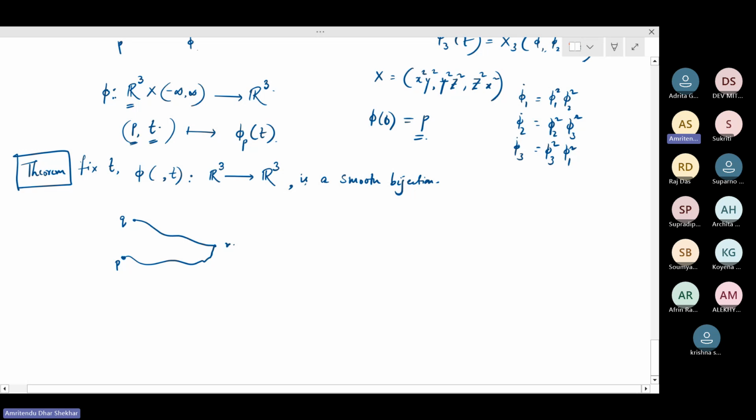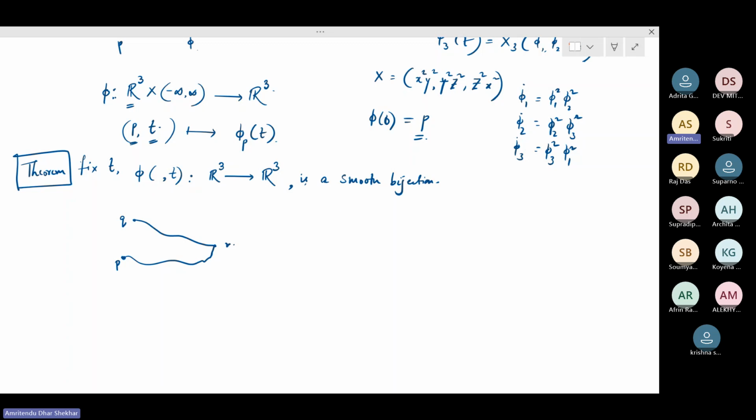Now the reason why two flow lines cannot intersect, maybe you've heard this in physics, is that electric field lines or magnetic field lines never intersect. You might have asked, why do they never intersect? The reason is that if you reverse the flow, you will get back to the original point.